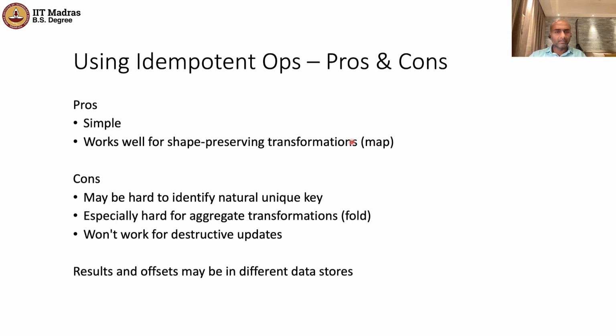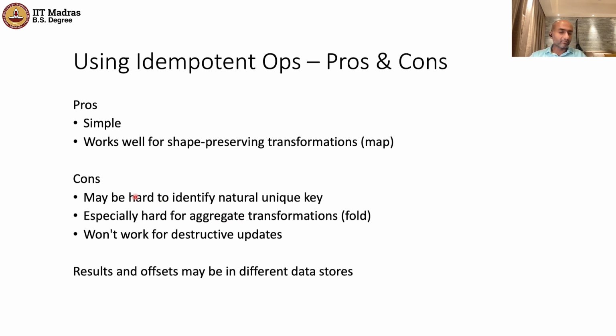Doesn't matter. But the disadvantage is that whenever there are aggregates involved, especially where you're folding a number into a number that you're already computing, then it's not going to be possible for you to use these idempotent operations, like the running count example.